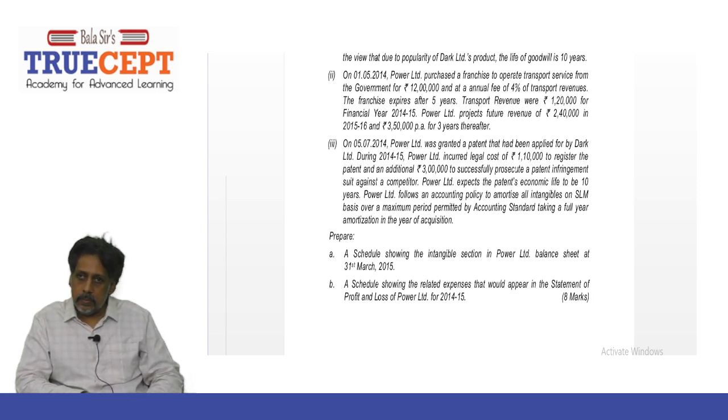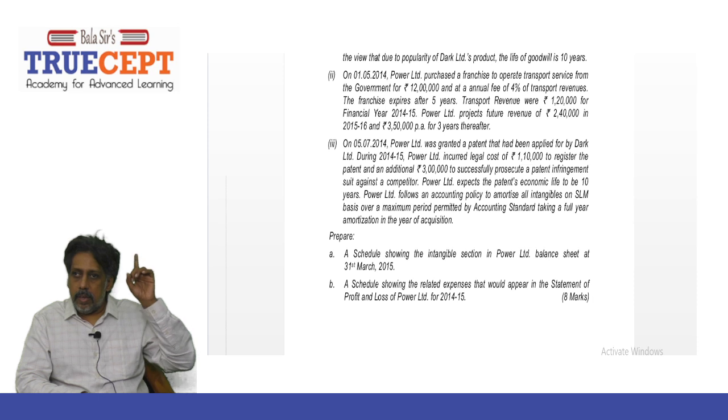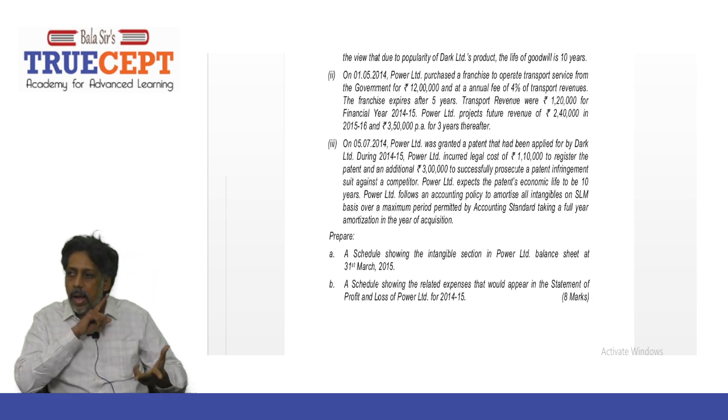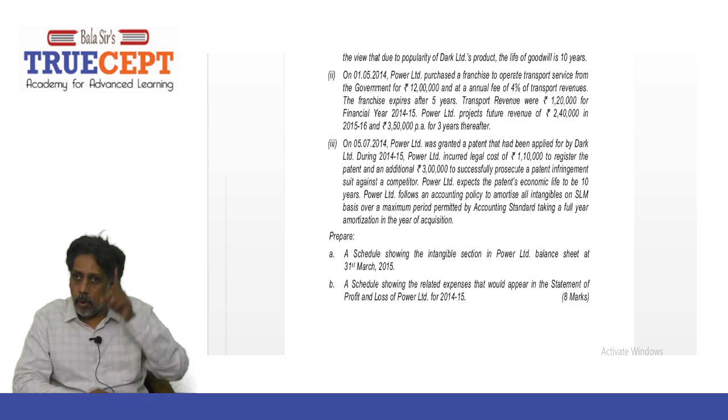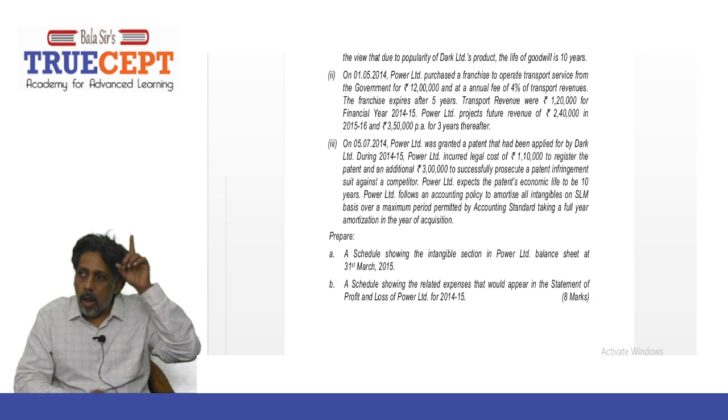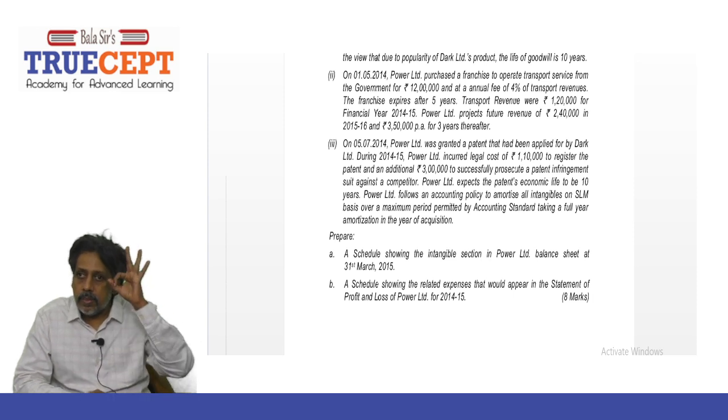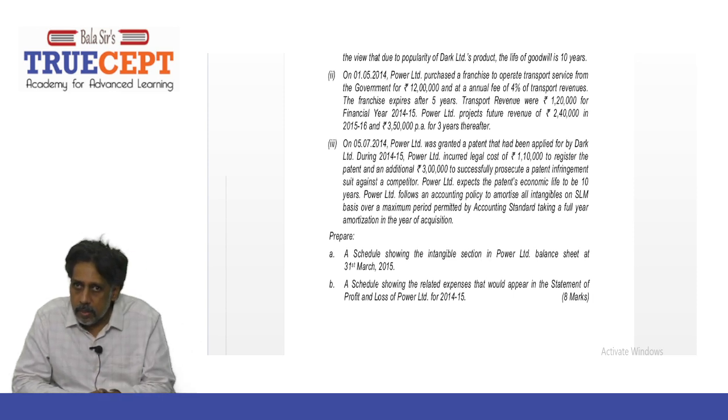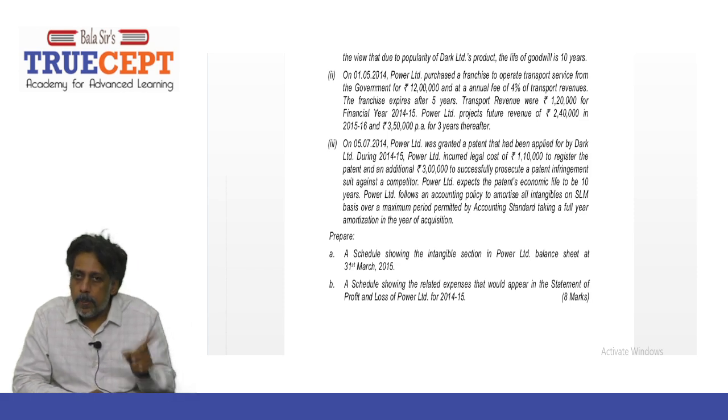So during 14-15, Power Limited incurred legal cost of rupees 1,10,000 to register the patent and an additional 3 lakh rupees to successfully prosecute a patent infringement suit against its competitor. Basically, you had to pay rupees 1,10,000 to register the patent in your name, and also incur rupees 3 lakh legal cost to fight a competitor.